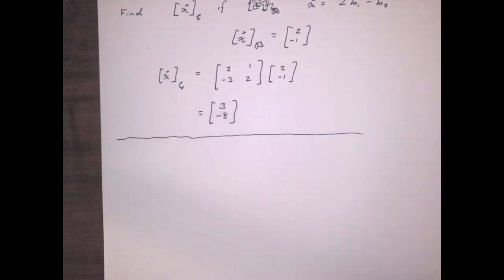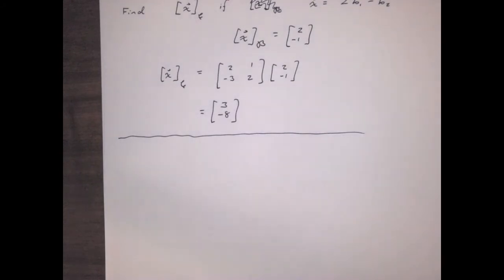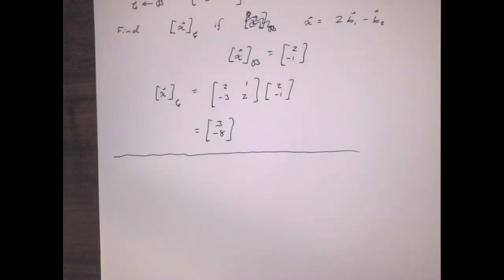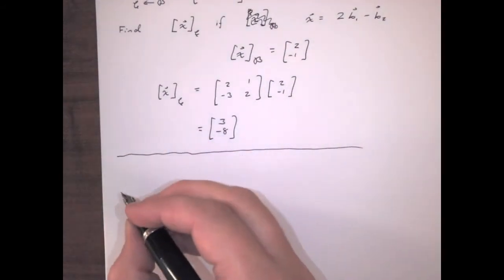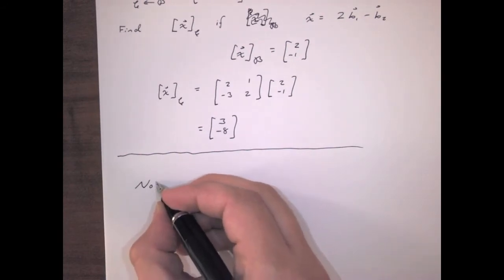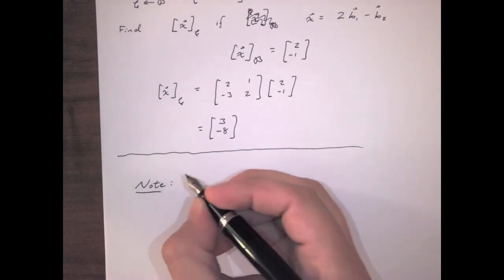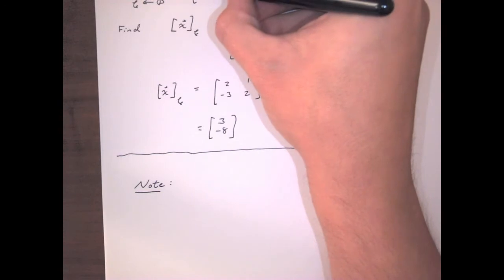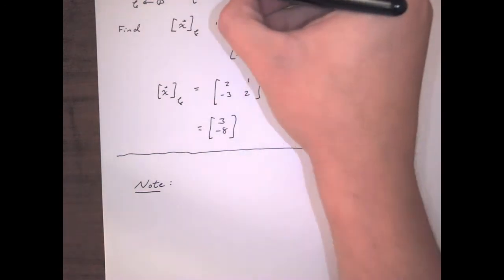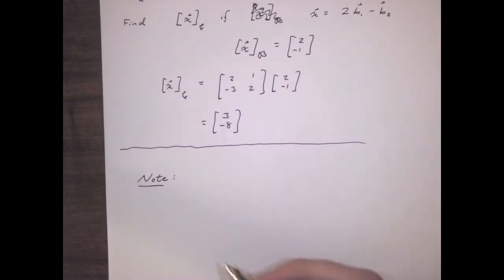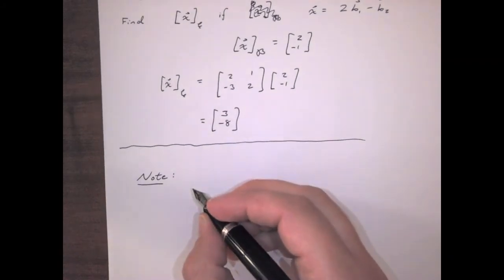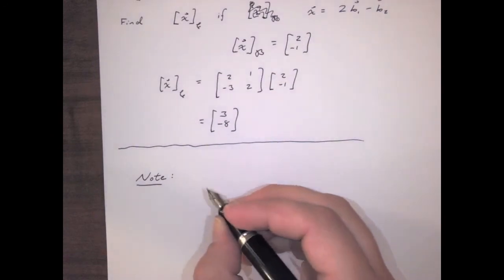Now, one note about this change of basis matrix. If this one goes from B to C, it may not shock you to learn that its inverse does the reverse. And notice this is square, and it is invertible, and that will actually always be the case. It'll always be square, and it'll always be invertible, because if you can change from one basis to another, you can change from the other to the one.